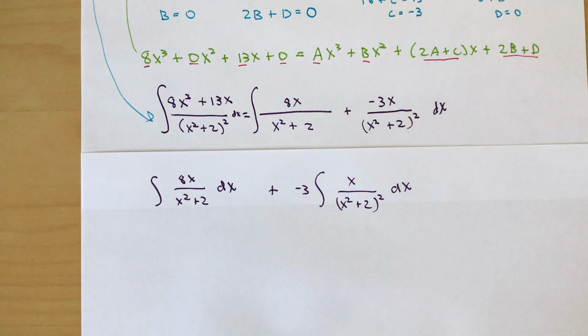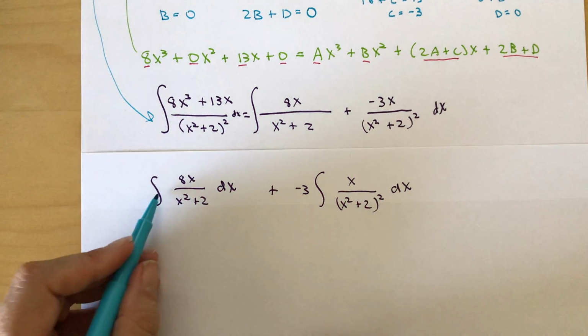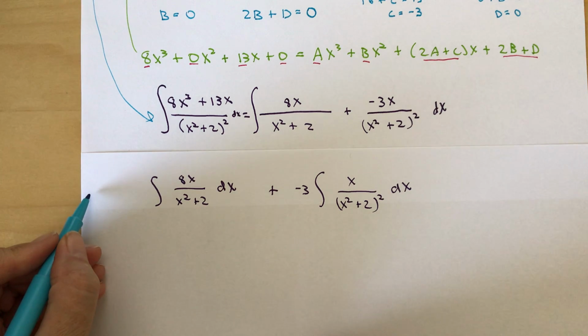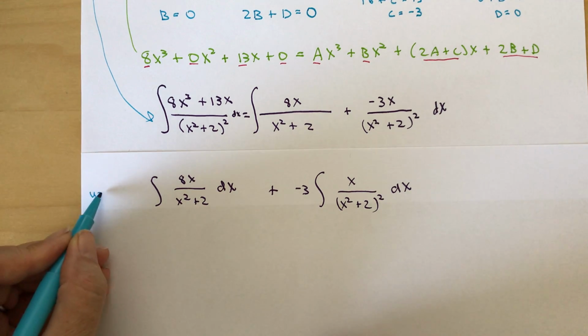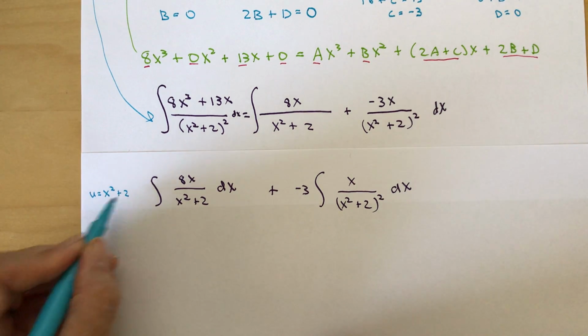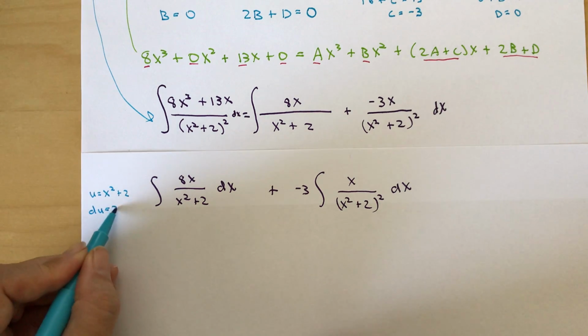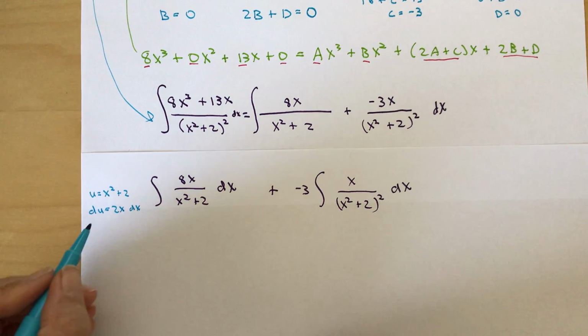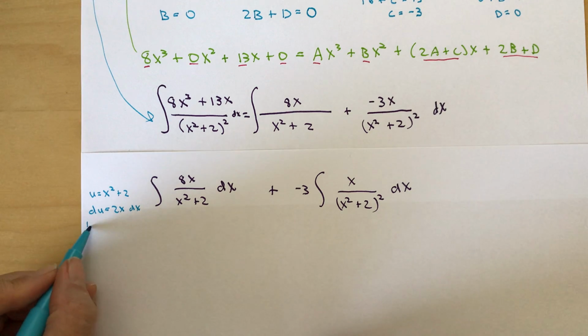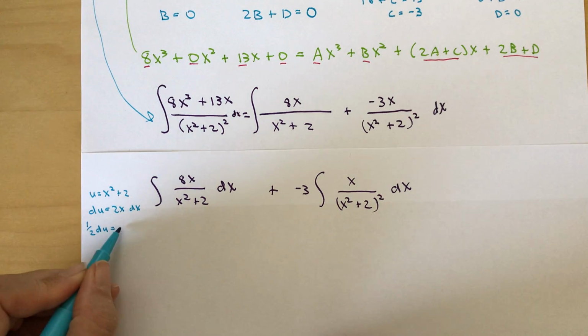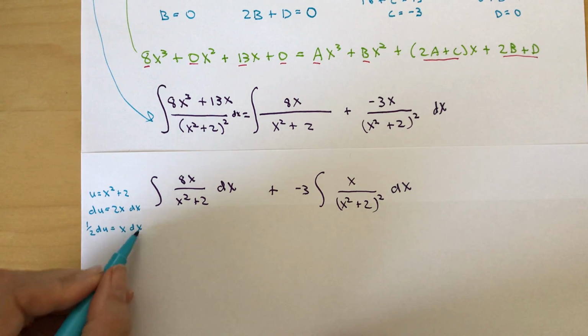You should pause the video and just try this yourself, but here I could let u equal x squared plus 2, so du would equal 2x dx, and so 1/2 du is equal to x dx.